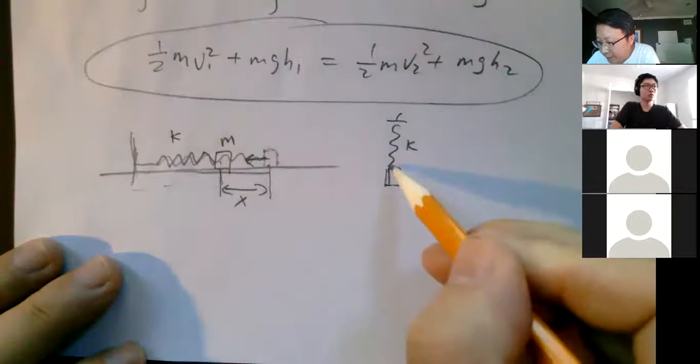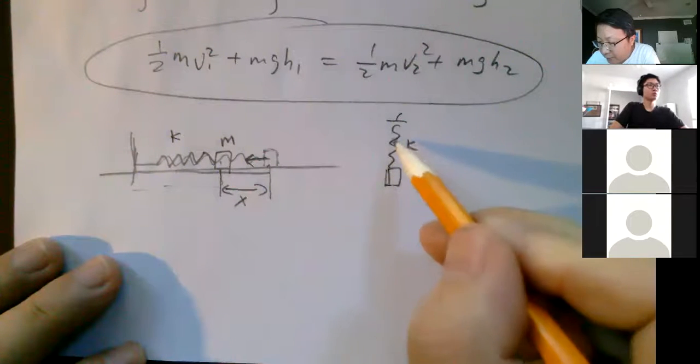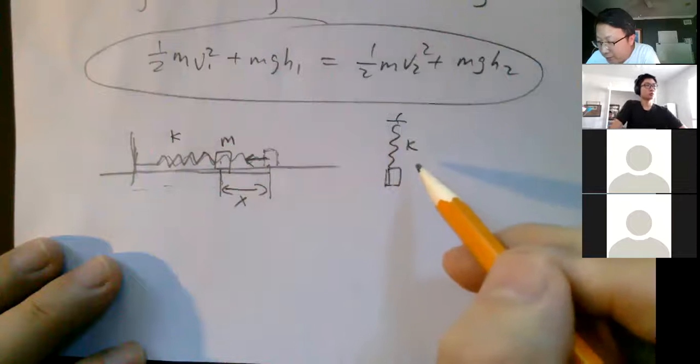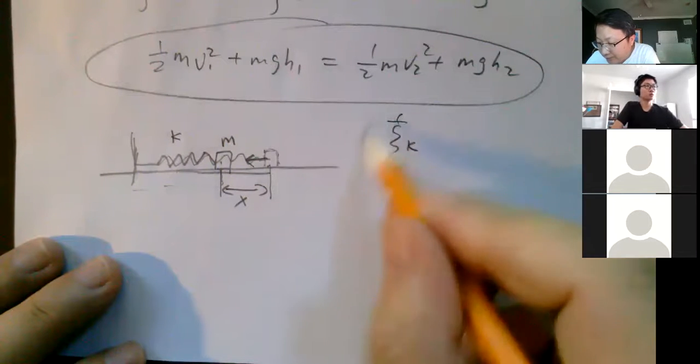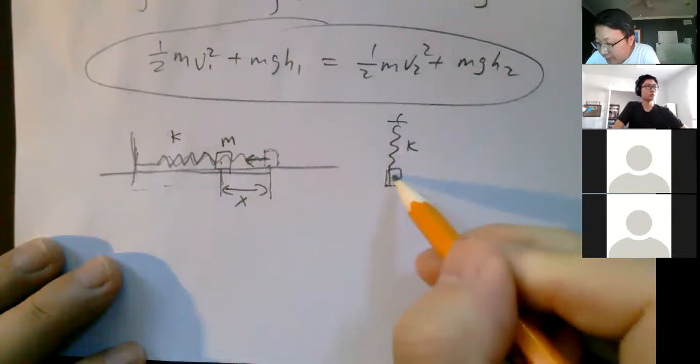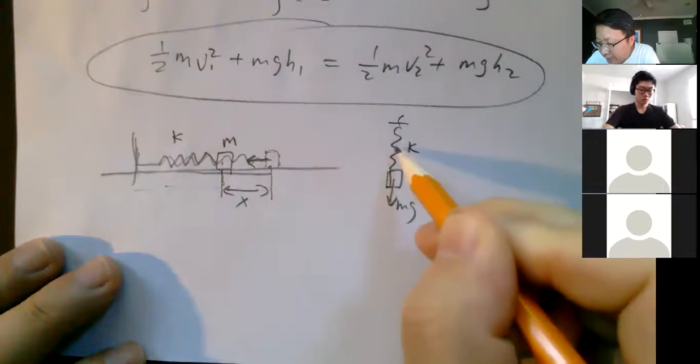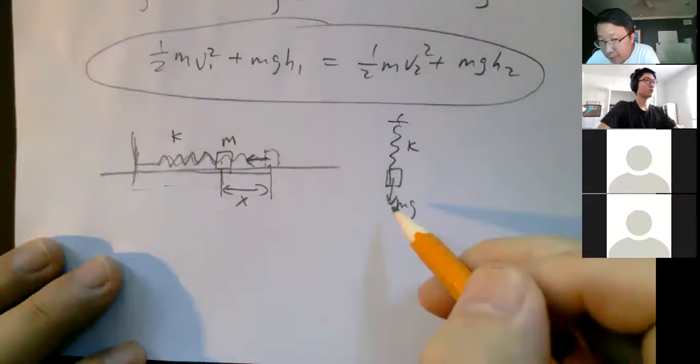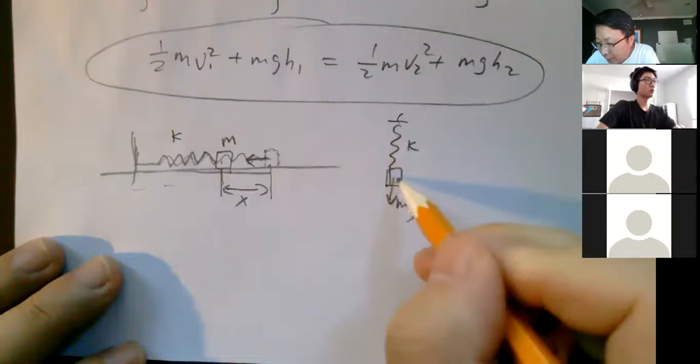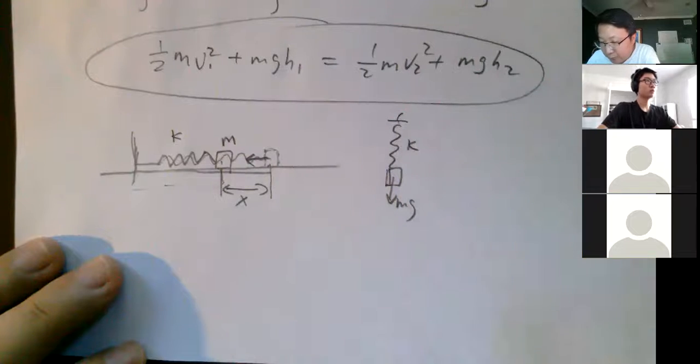Same thing here. This is not really the rest position, because at a static position the weight already pulls the spring down a little bit. That's where it stays if you don't touch it.